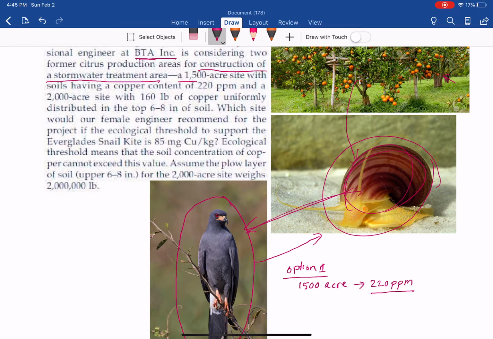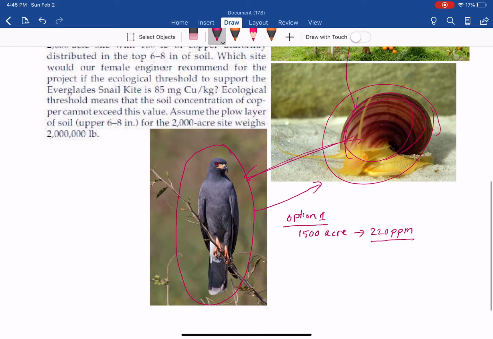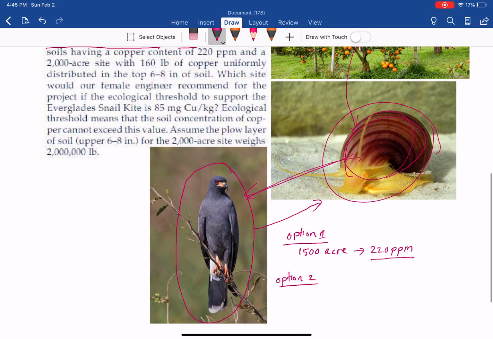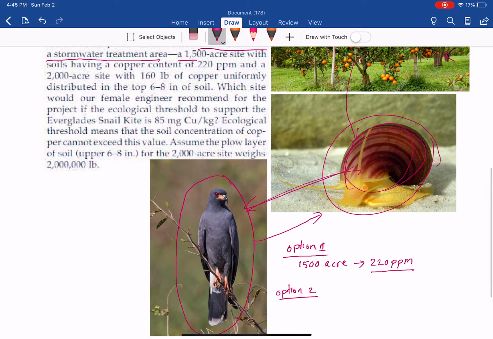And there is another option, option 2. It is another area, 2,000 acres, with 160 pounds of copper.